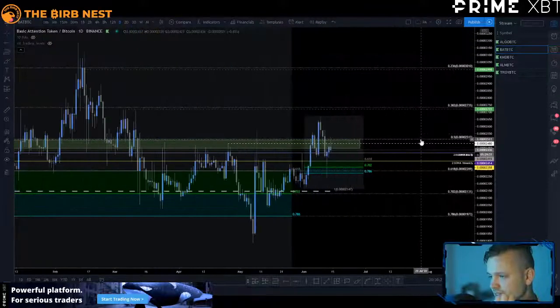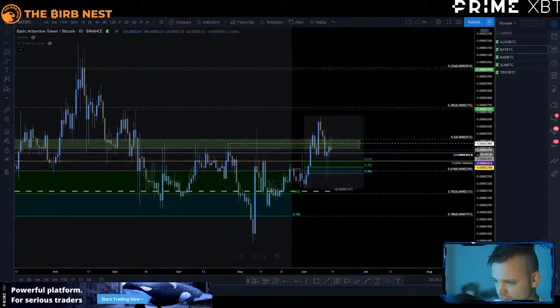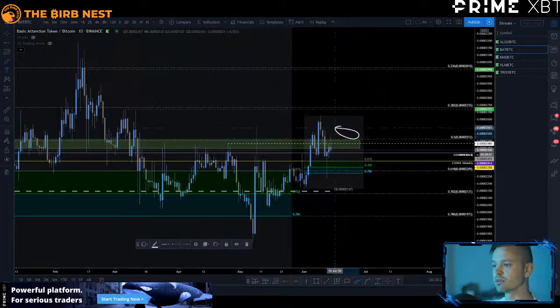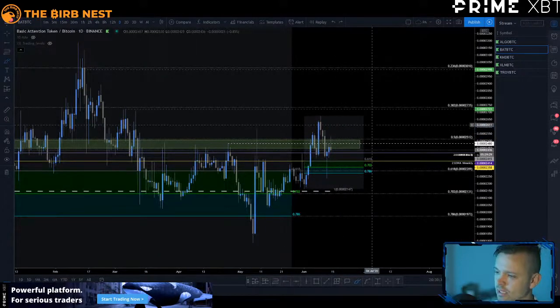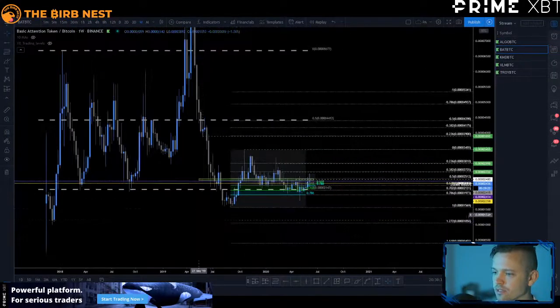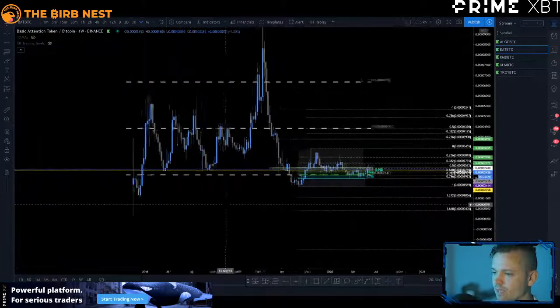But I really like this setup. So if we get a daily open and close above this area, I would repeat this setup, honestly. I think the potential on BAT BTC for a longer term trade is just very, very good, because we have this weekly range, right?